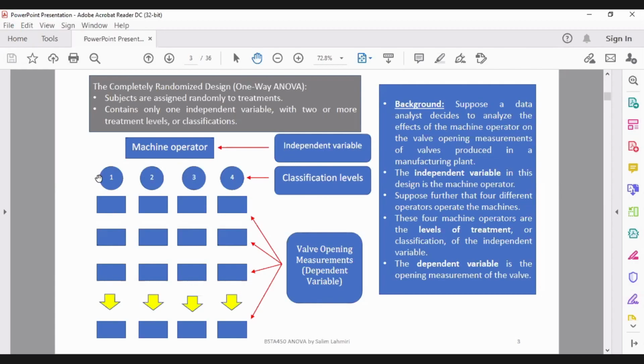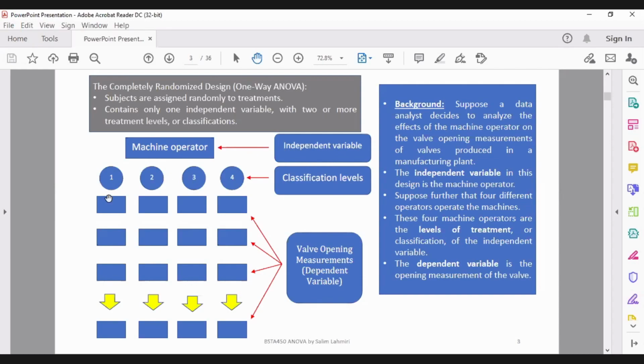So we got four machines, 1, 2, 3, 4. We got machine operator, okay? And under each machine, we got some valve opening measurements. So this is machine 1, machine 2, machine 3, machine 4. Machine operator is called independent variable.